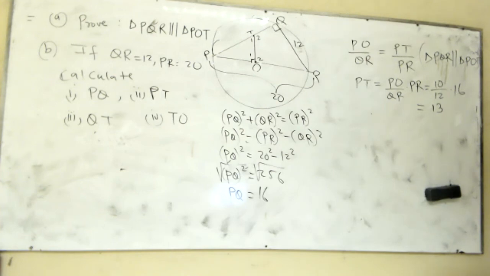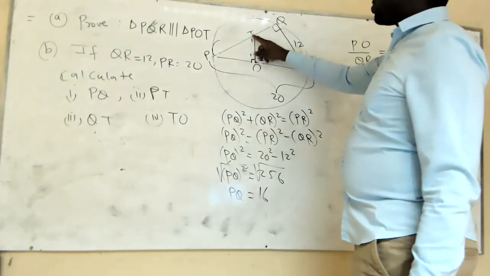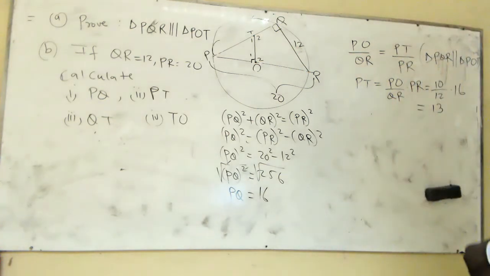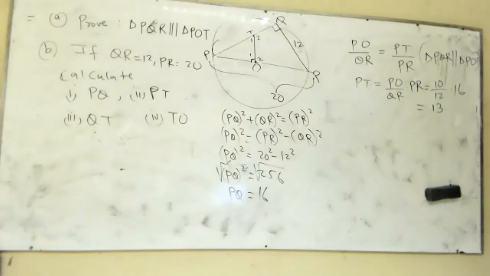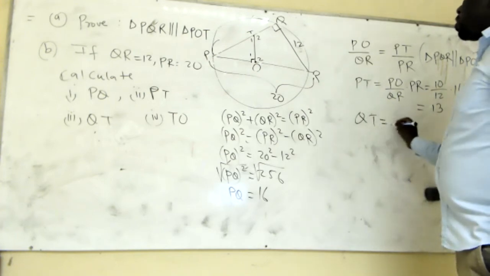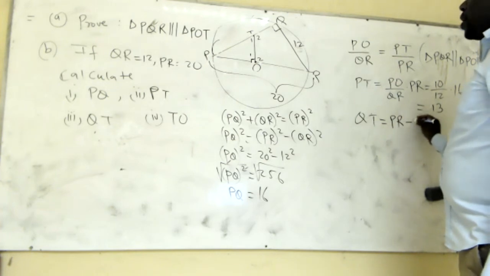Okay, let's go to the next question, which is about finding this distance QT. Is there anyone who has an idea of how we can find this QT? QT is equal to PR minus PT.